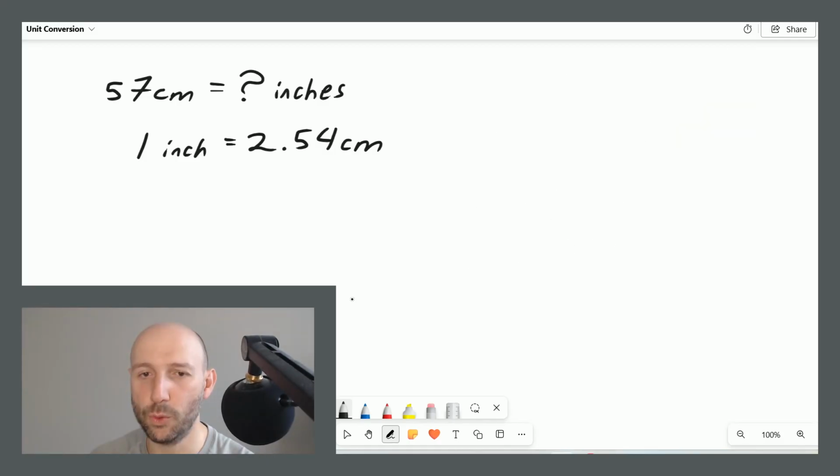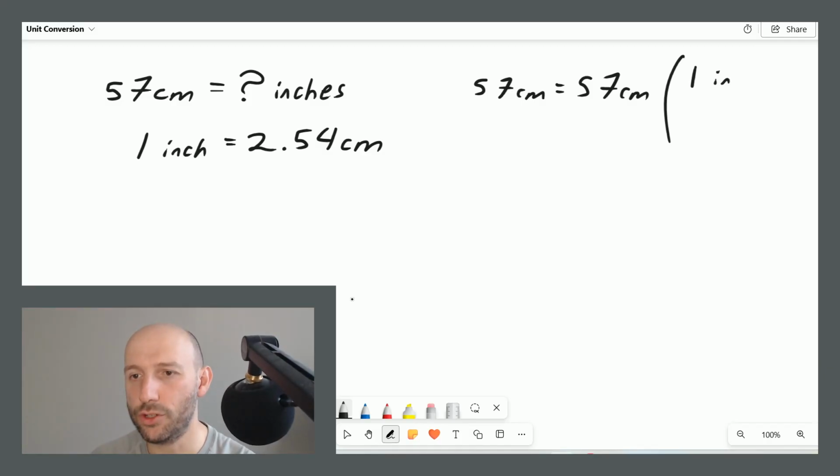Alternatively, we could write that 57 centimeters equals 57 centimeters multiplied by 1 inch over 2.54 centimeters. Notice the unit we want to cancel out is in the denominator.